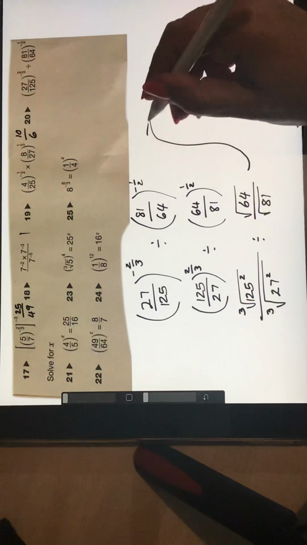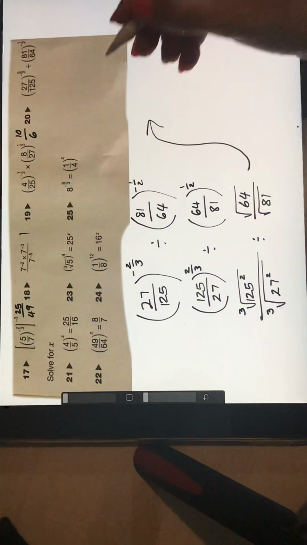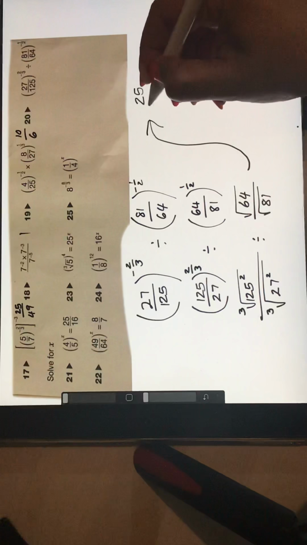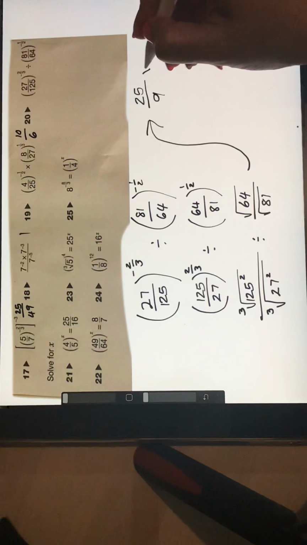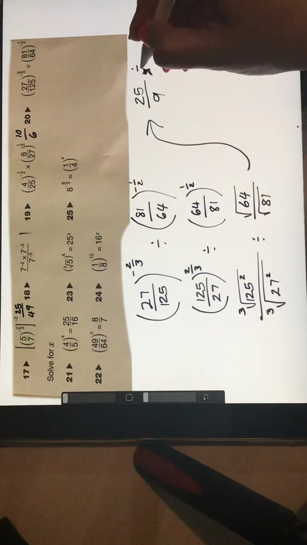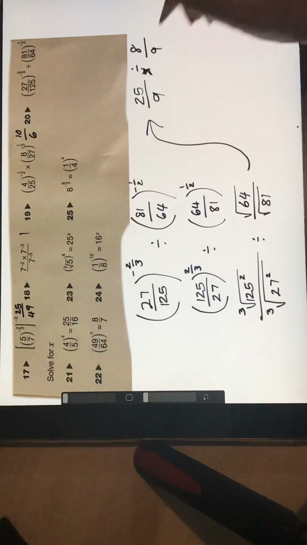Okay, I'm just carrying on this side again. If you type that into your calculator, you're going to get 25 over 9. And on this side you're going to get a divide by 8 over 9.